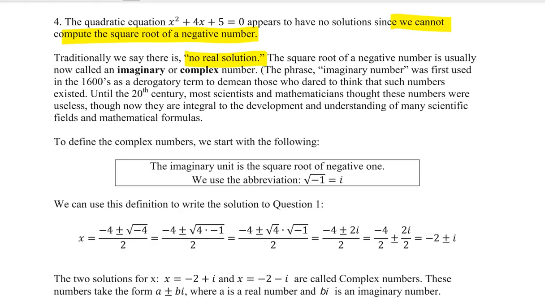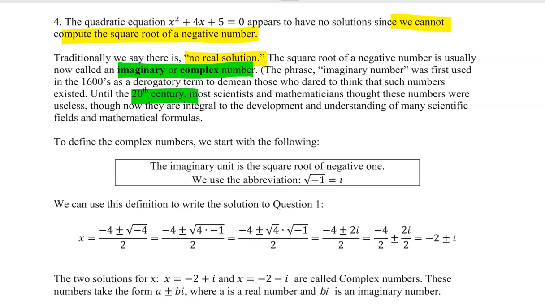The square root of a negative number is usually now called an imaginary or complex number. The phrase imaginary number was first used in the 1600s as a derogatory term to demean those who dared to think that such numbers existed.